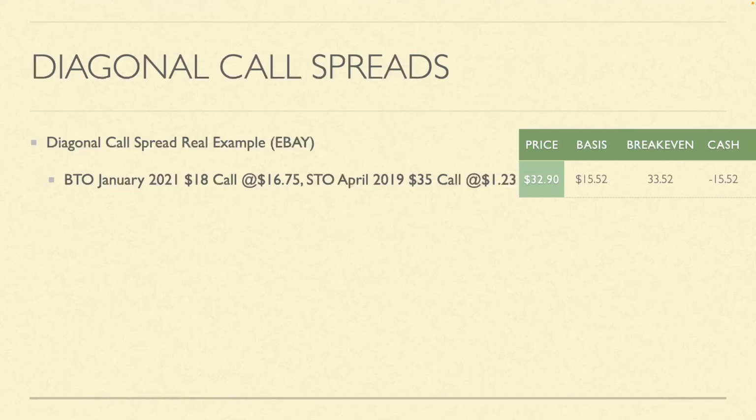We've paid $15.52 to open the position. That's our cost. And our spread is the difference between 35 and 18, which is $17. So we have a potential profit of $1.48 per share.